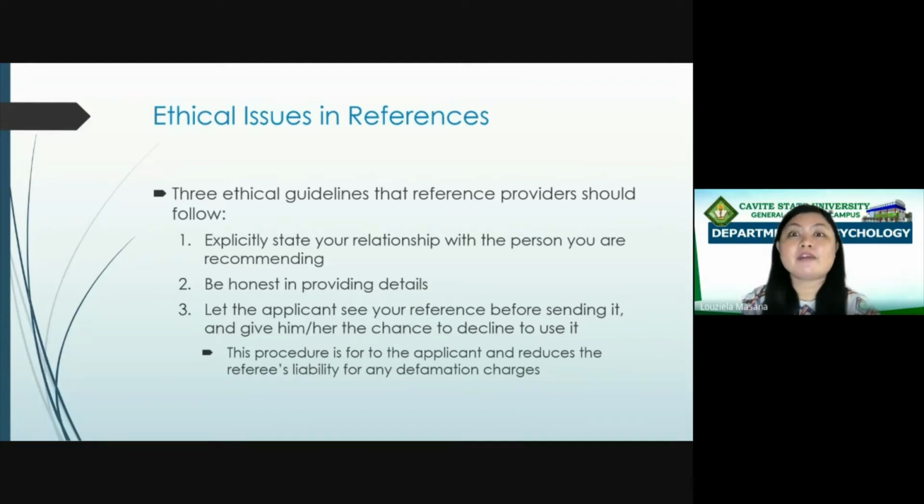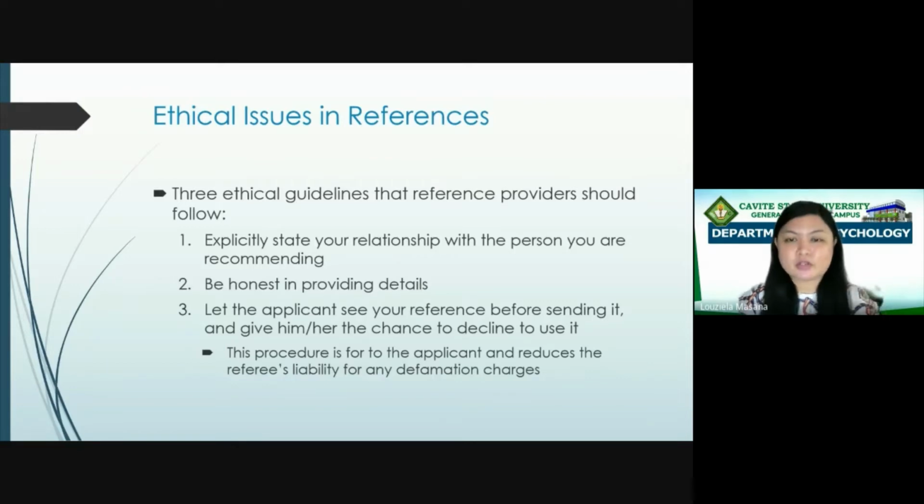So dapat yung mga reference natin ay bago pala ibigay yung mga recommendation letters, reference checks, ay dapat sinasabi muna sa applicant para aware din yung applicant of whatever you will mention or you will declare doon sa HR staff or HR supervisor or whoever that is in charge of the selection.